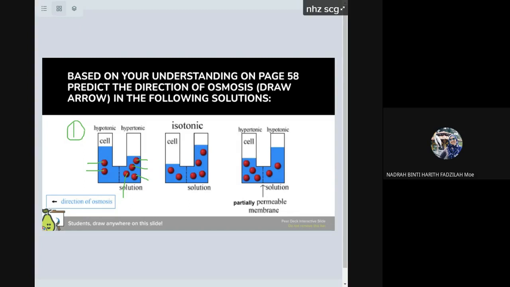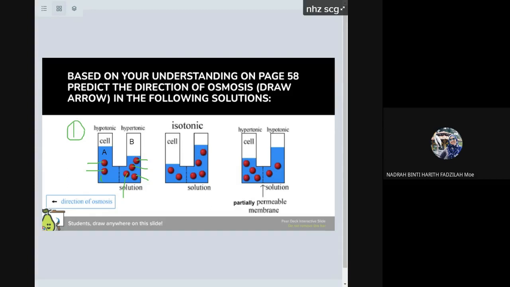Katalah ini adalah solution A, and this one is solution B. When we talk about solute concentration, when we compare A and B, of course, kita akan kata solute concentration in B is higher compared to A. Why?